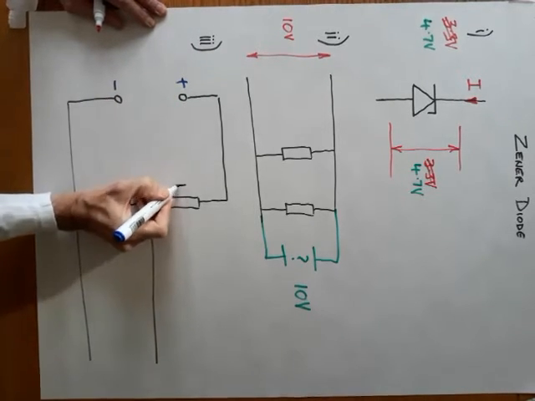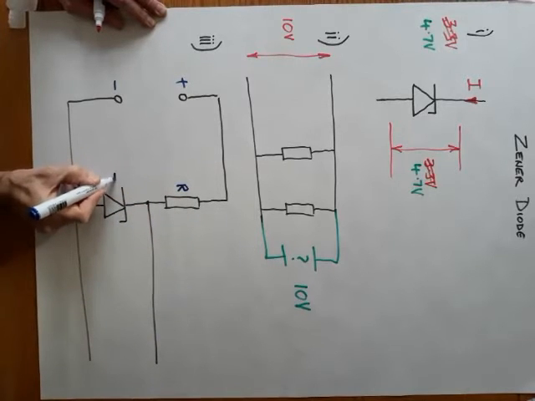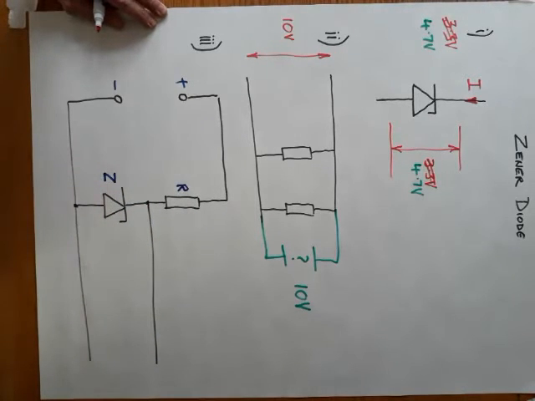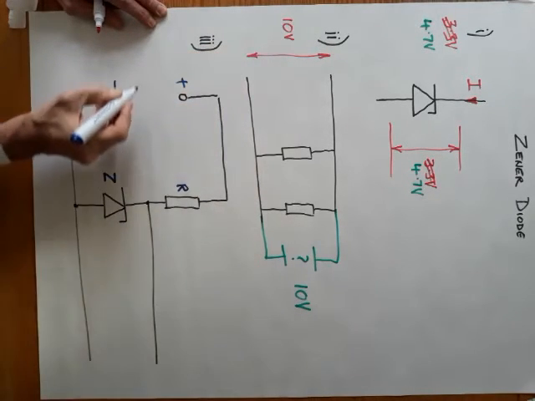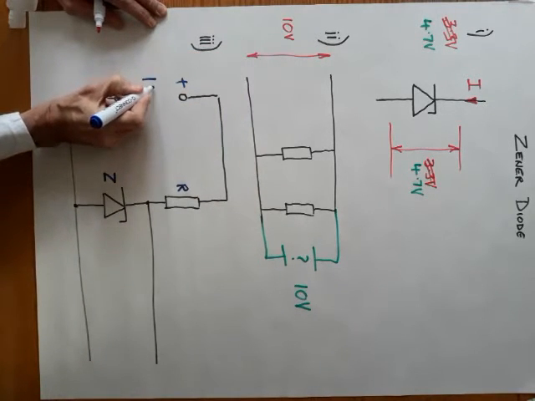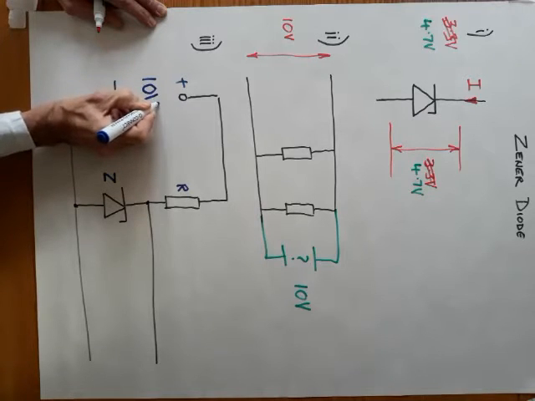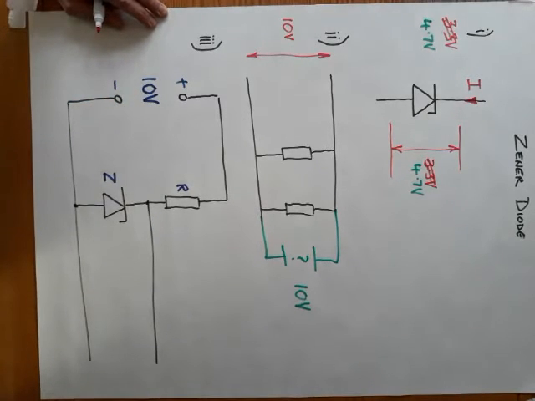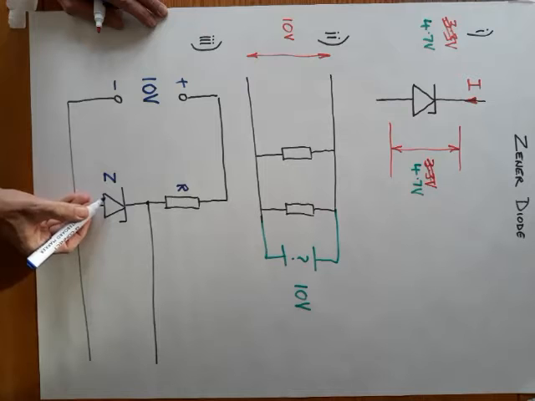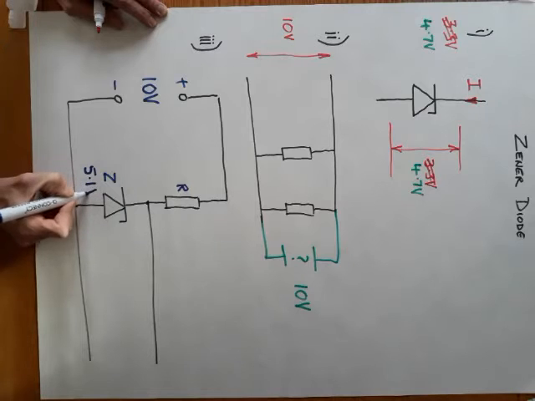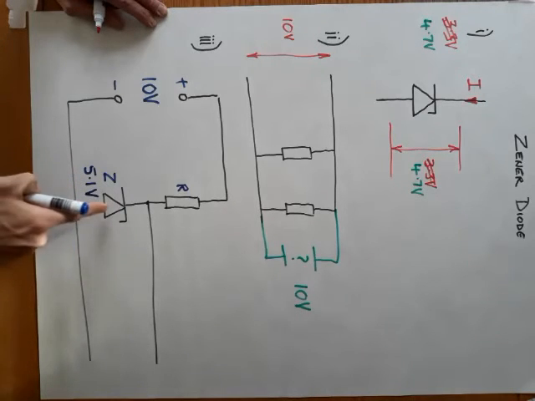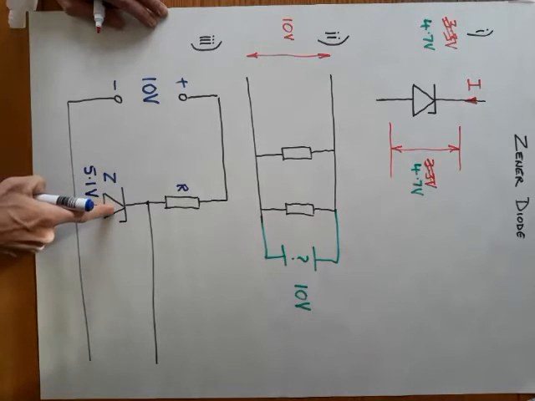There is a resistor, and here is our Zener diode. If we make this supply, I'll stick with this number that we had a few moments ago, suppose we make it 10 volts. And let's say our Zener diode is rated at 5.1 volts. So it's a 5.1 volt rated Zener.